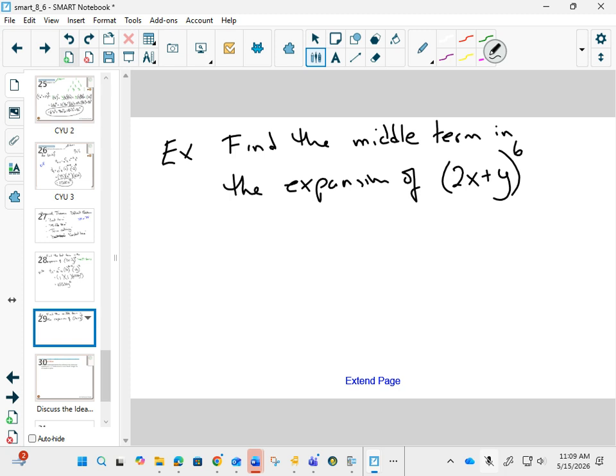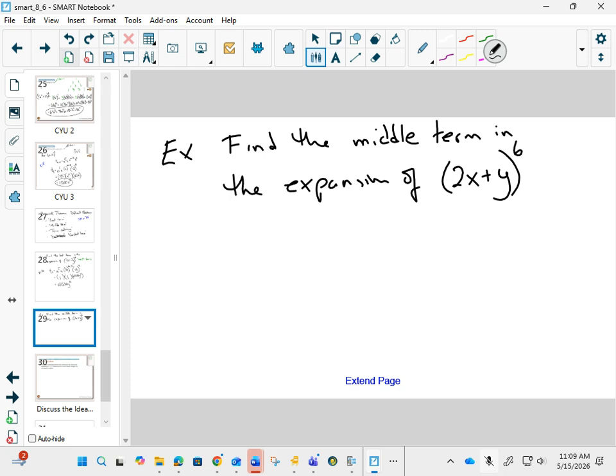Because if you only had 4 terms, which number's in the middle? You have 2 on this side, 2 on this side. You can't say specifically one's in the middle. But as soon as you get 5 terms, there is 1 in the middle.